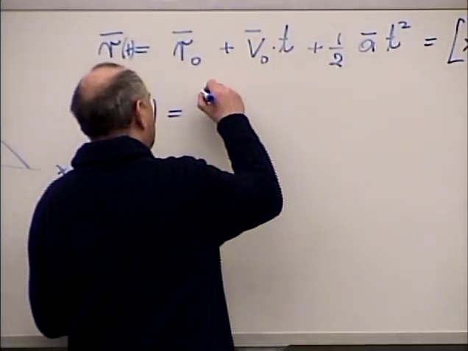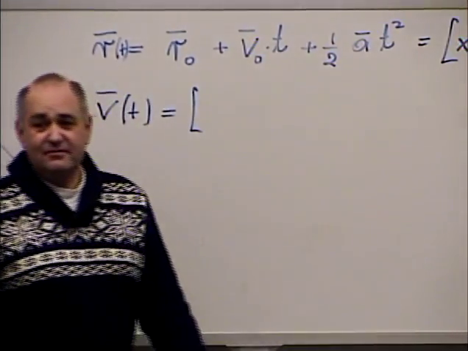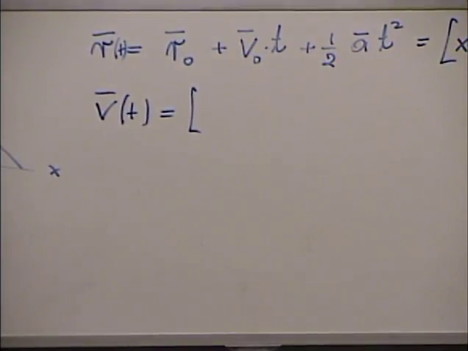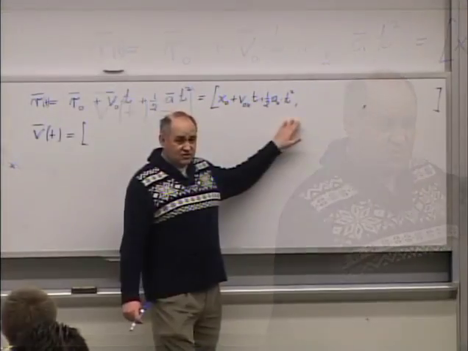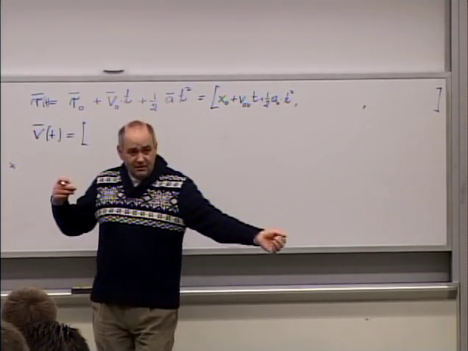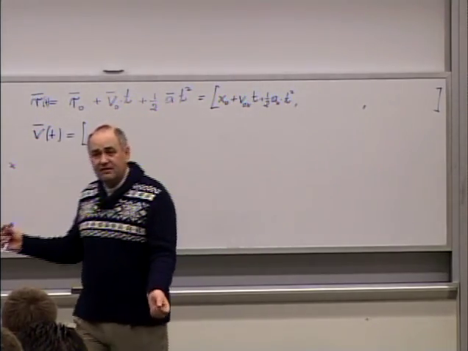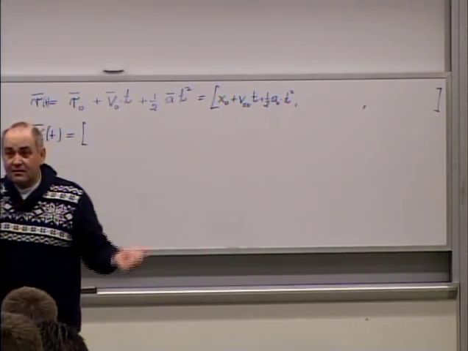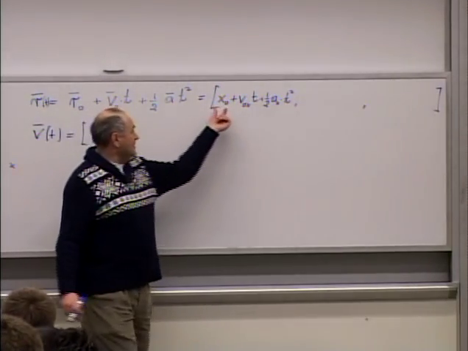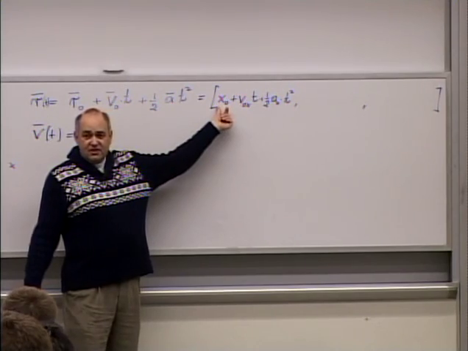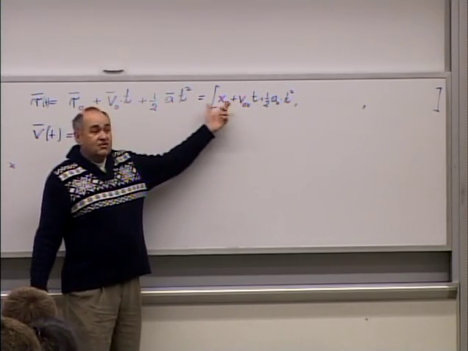How about if we go then for the x component of velocity? Because we have already written the x component of position. What do I have to do now in order to get the x component of velocity? Can you help me? Take the derivative of this function. Derivative of this constant: 0.